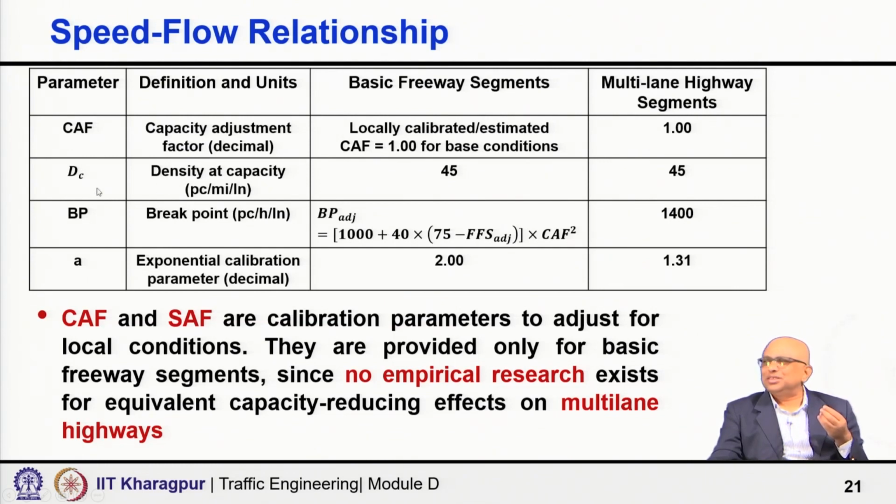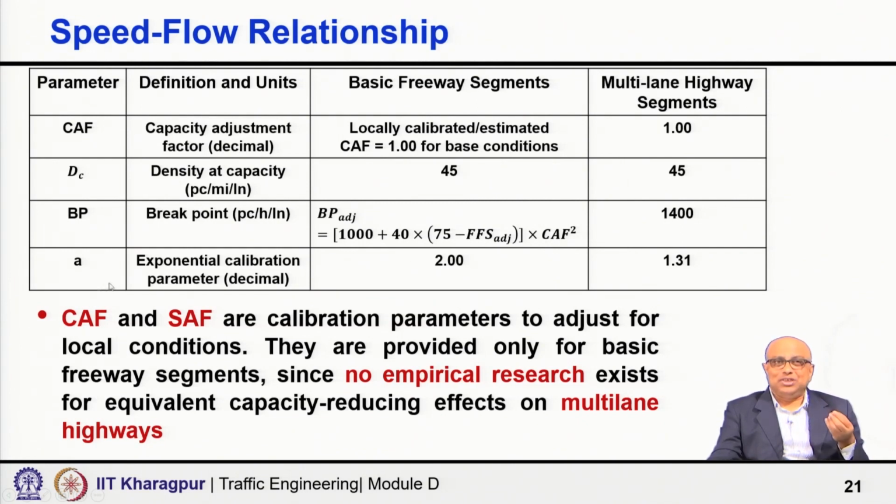Density at capacity is DC, which is 45 passenger cars per mile per lane. It is the same for freeway and multi-lane highway. Then the breakpoint: for multi-lane highway it is always 1400, and for freeway you can calculate it using the free flow speed value.